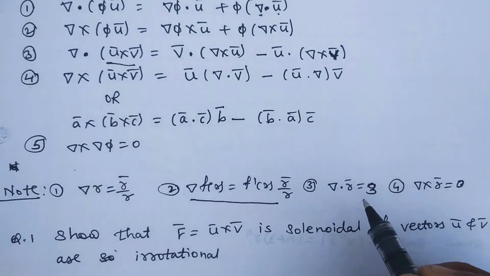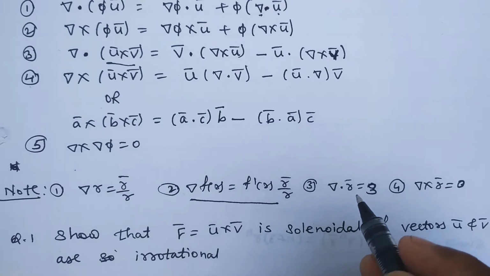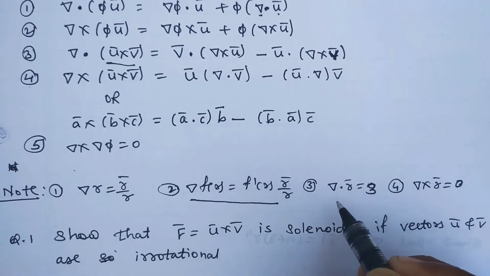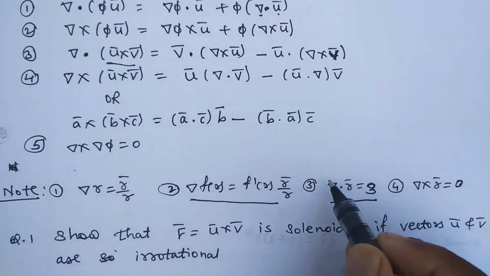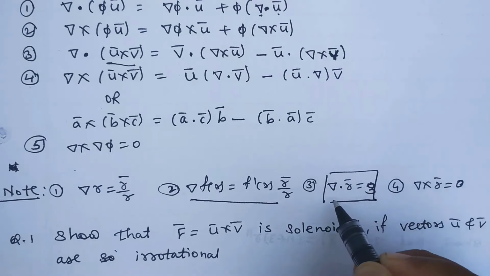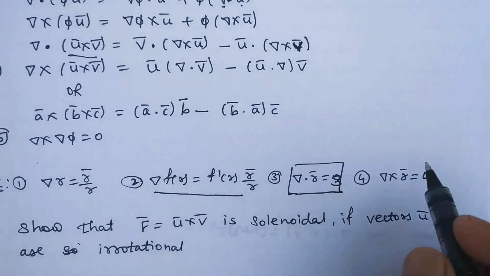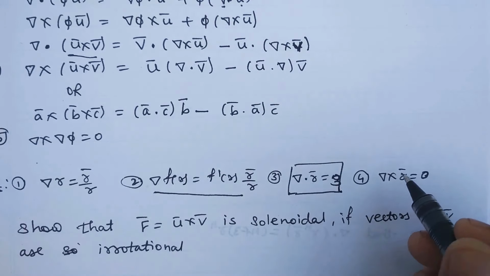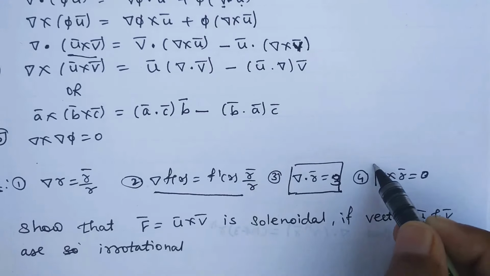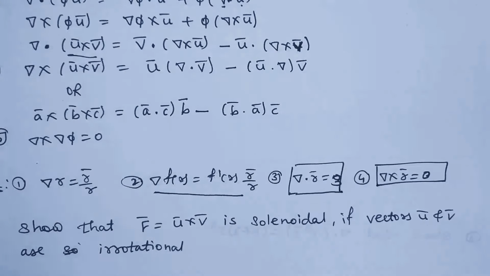Now we already proved the divergence of a vector, where we found the value of del dot r bar is equal to 3. And when we proved the curl of a vector, we proved the value of del cross r bar is equal to 0.